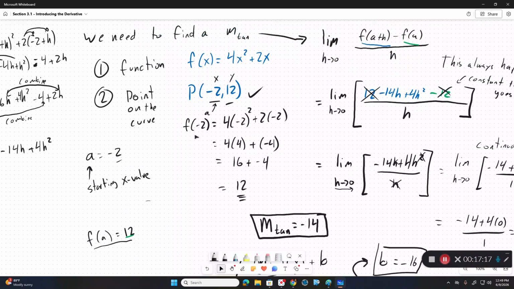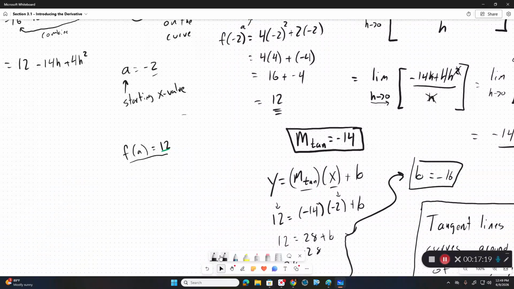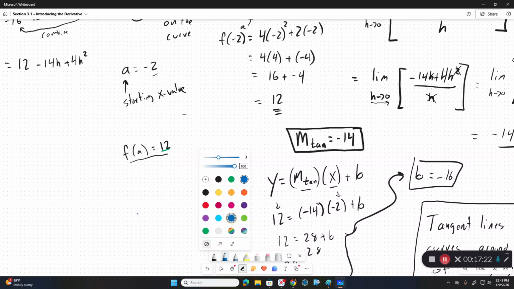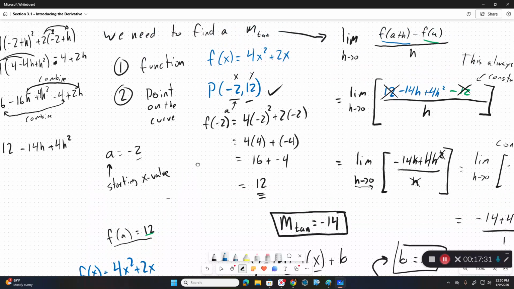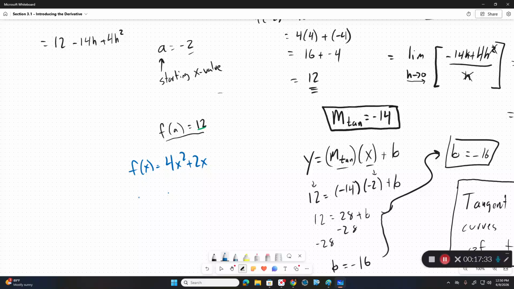So, I can say something like, let me change up my color, f of x is 4x squared plus 2x, which is approximately negative 14x minus 16 if x is close to negative 2.